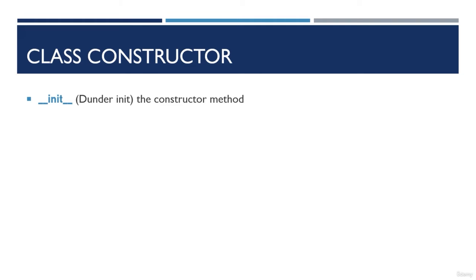So what is the purpose of using the dunder_init? This method is called when an object is created from the class, and it allows the class to initialize the attributes of a class. So if you want to set properties for objects based on a class in the Python programming language, you need to use the constructor method, the dunder_init method, and inside it you can initialize instance attributes.